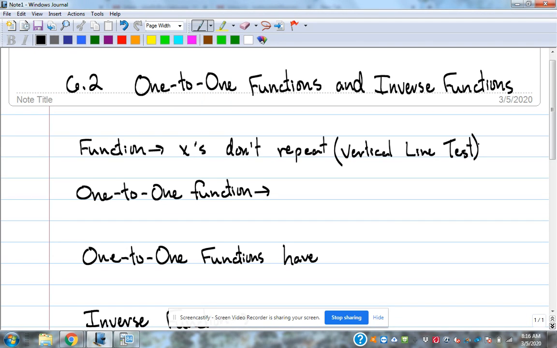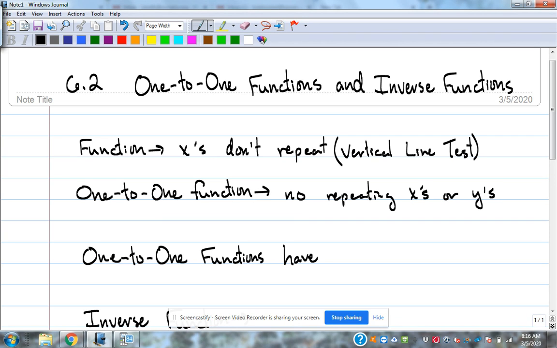Okay, a one-to-one function. The difference in it and a regular function is that it is a function of x, and then if you swap the x and the y, it's also a function of y. So it's no repeating x's, that makes it a function, or y's, that makes it a one-to-one function.